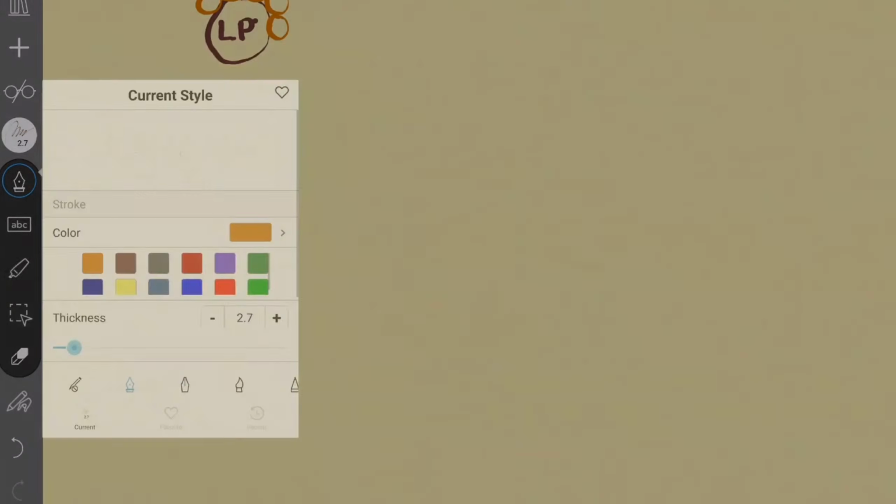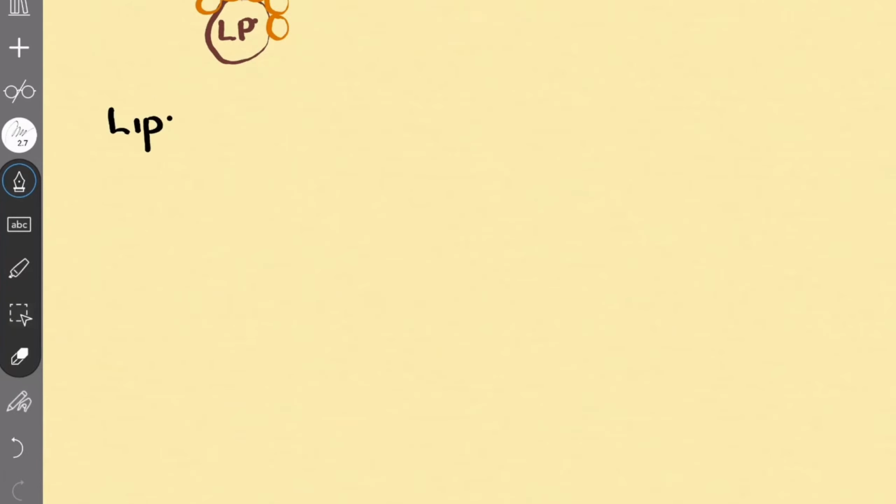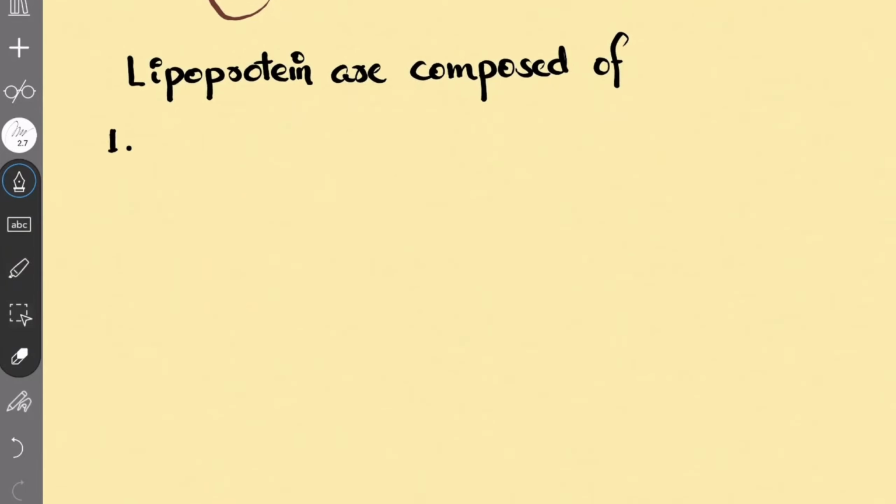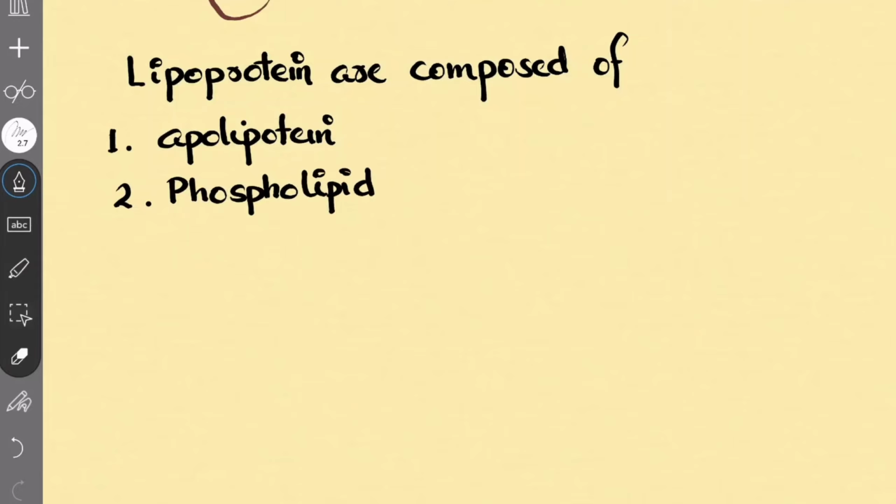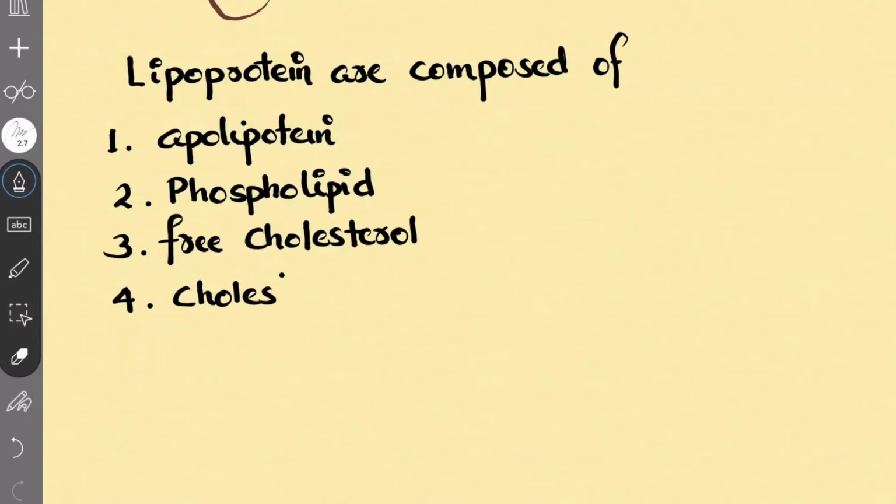Next comes, what are lipoprotein particles composed of? Lipoproteins are composed of, first one, apolipoprotein, second one, phospholipids, third one, free cholesterol, fourth one, cholesterol esters, fifth one, triglycerides.